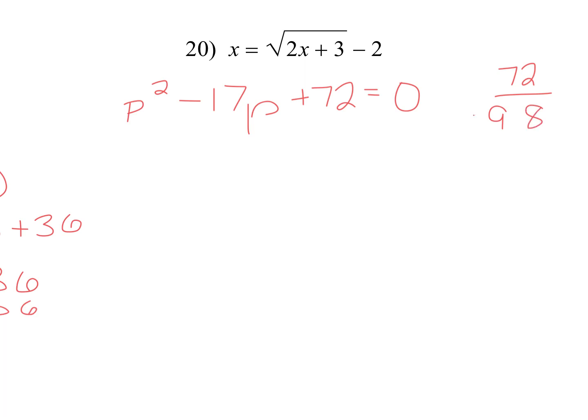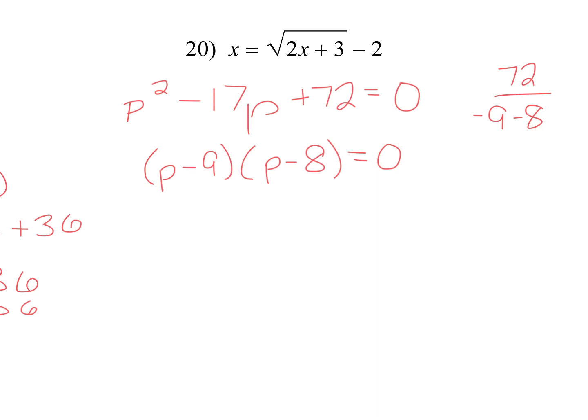Yep, because we have to get to a negative 17 and two negatives multiplied to get a positive number. Okay, what do we do once we get our factors? Plug it in, so we have p minus 9 and p minus 8 equals 0.